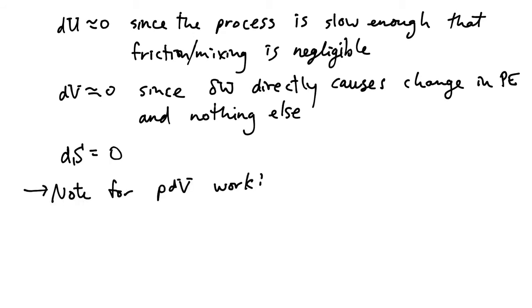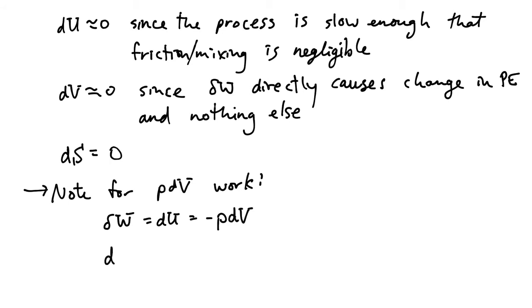Now for this simple example, we just used a mass on a string, but you may be wondering, how about PdV work? From the first law, we know that delta W is just going to be equal to dU for a closed system, and that the magnitude of the work is going to be minus P dV, assuming the system does the work on the surroundings.